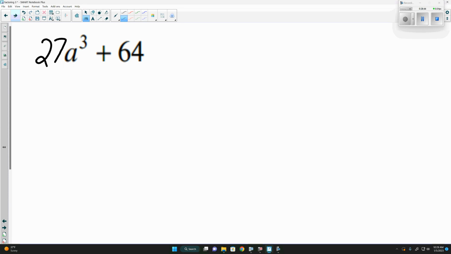So this one here is a little bit different because we don't just have a to the third. We have 27a to the third. Now we can still look at the cubed root of 27a to the third and the cubed root of 64. Now the cubed root of 27a to the third is going to have an a, because the cubed root of a to the third is a. We can't type that into the calculator because the calculators, both of them, have to have a value for a variable.